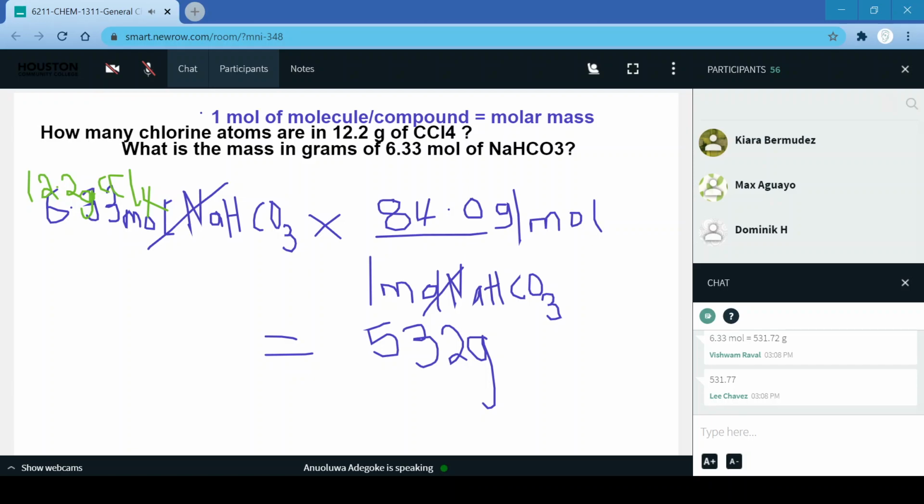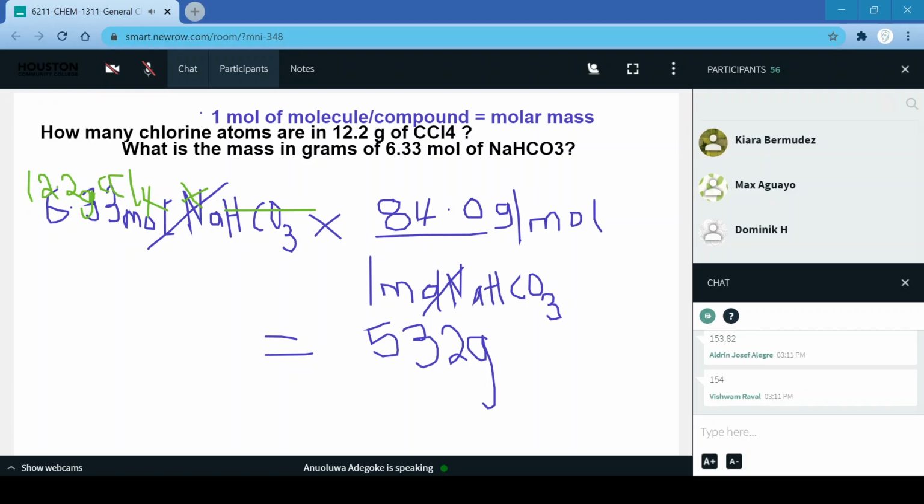Okay? So 12.2 gram of carbon tetrachloride multiplied by, what is the molar mass of carbon tetrachloride? What is the molar mass of CCl4? Anybody find that? Molar mass of CCl4.